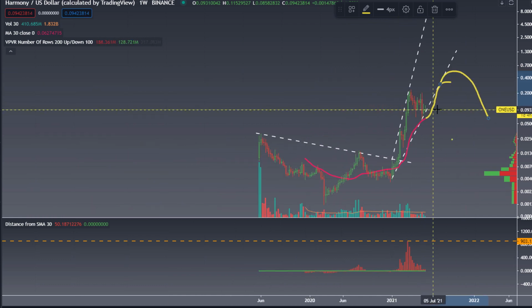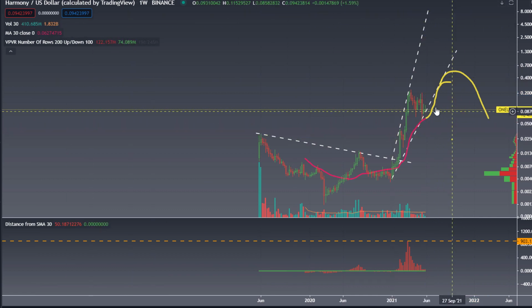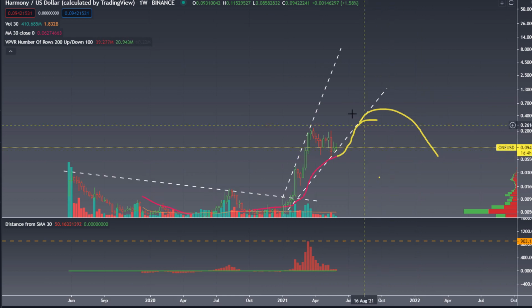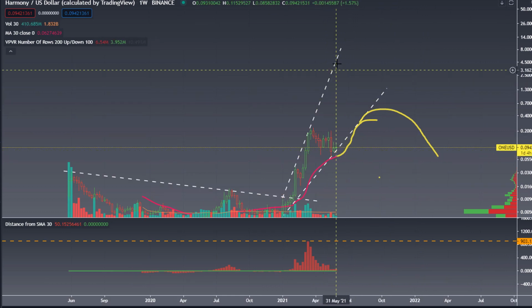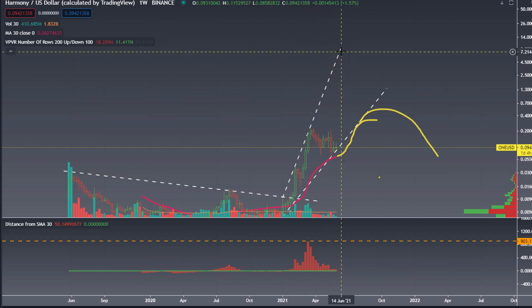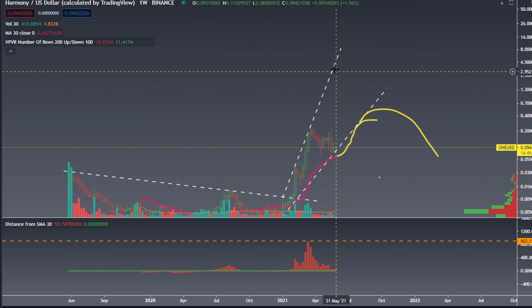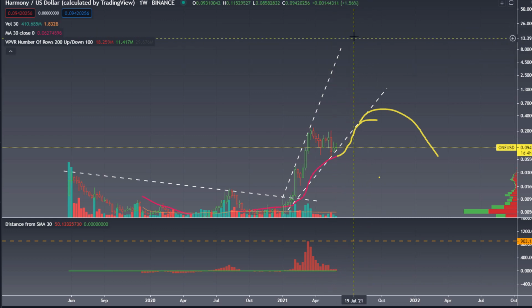So now we can start making some predictions, right? Based on that, we've got a couple of things. One, the price action has touched this upper trend line a few times before. So we could potentially say, oh yep, it wants to touch that again. That would give us those crazy $10 targets, but I don't think that's going to happen.